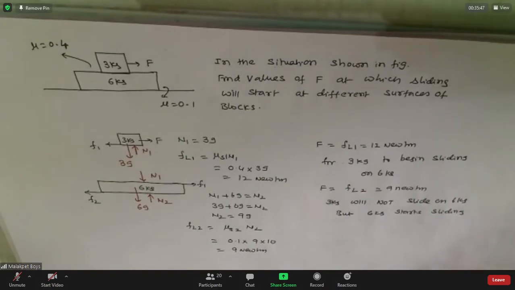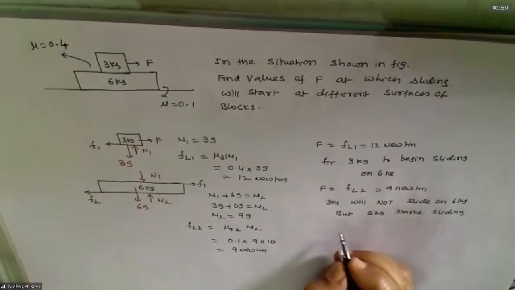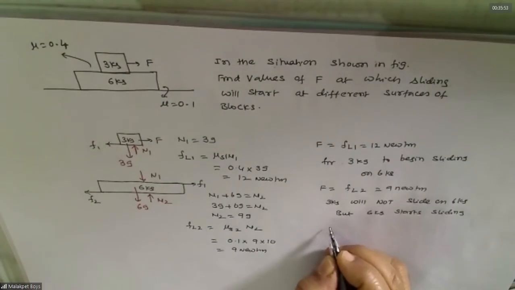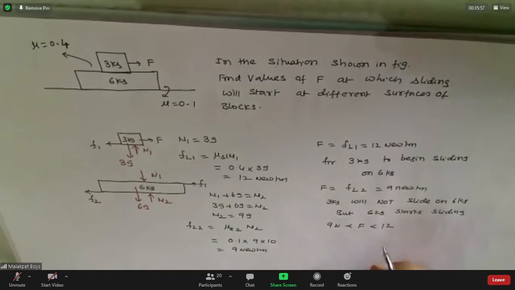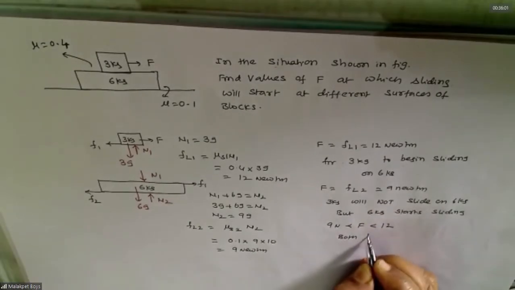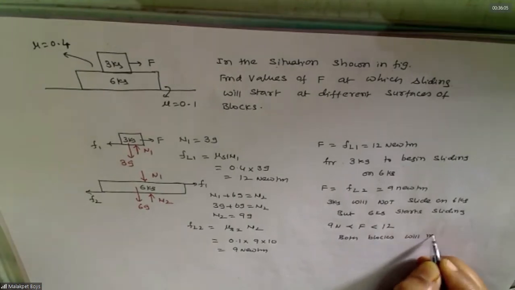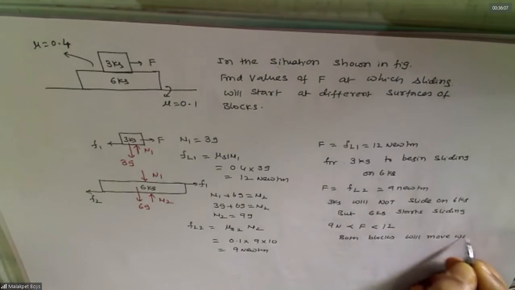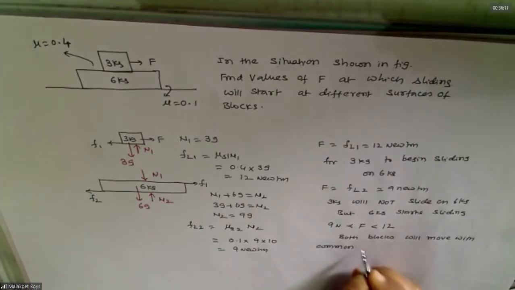Understood this? That means for F between 9 newtons and this, what will happen? Both blocks will move with common acceleration, no? Do you agree with this?